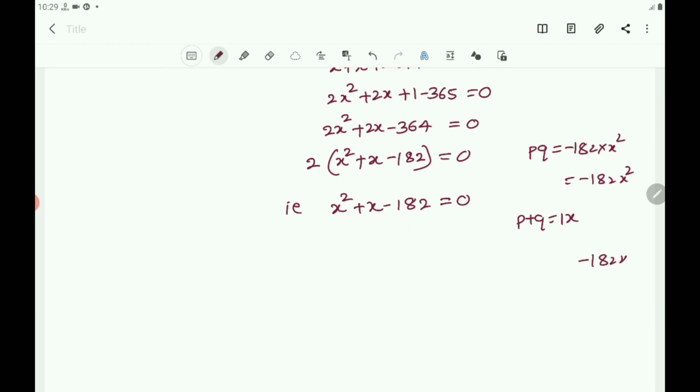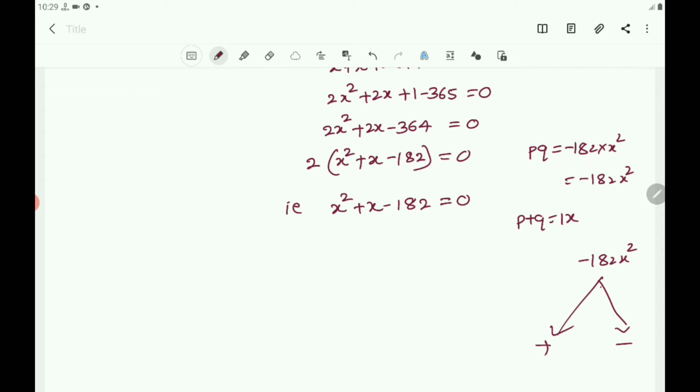Here the product is negative, meaning the factors have different signs, plus and minus, and the greater number has the sign of the sum, that is the middle term. So you write plus and minus.